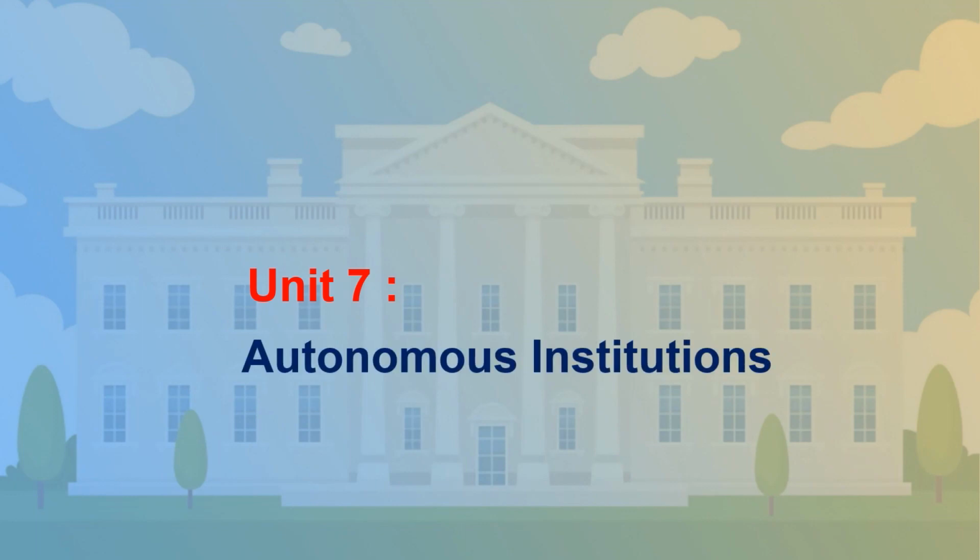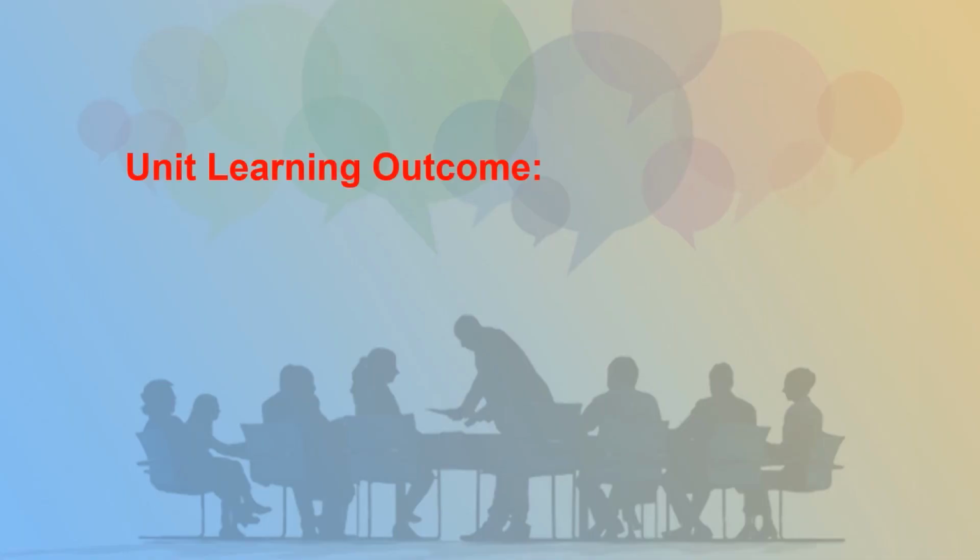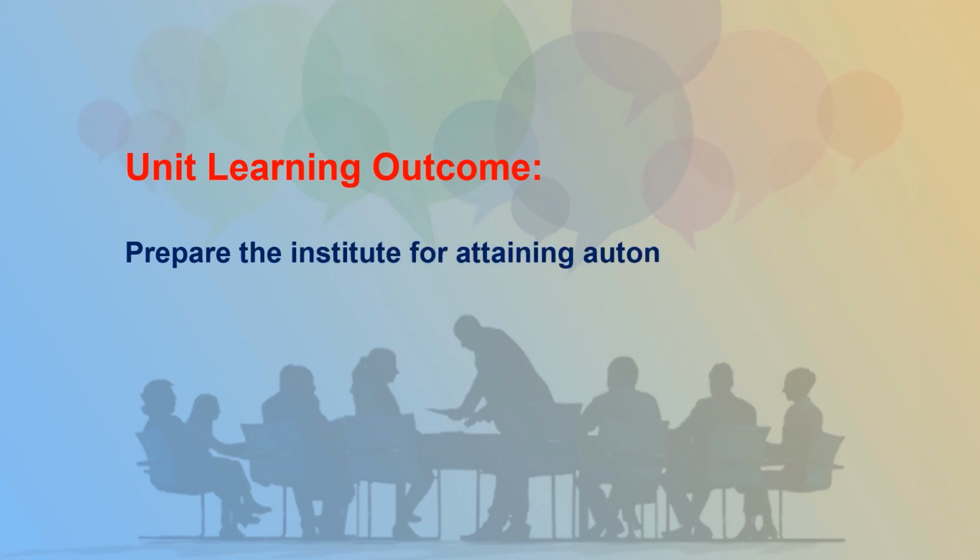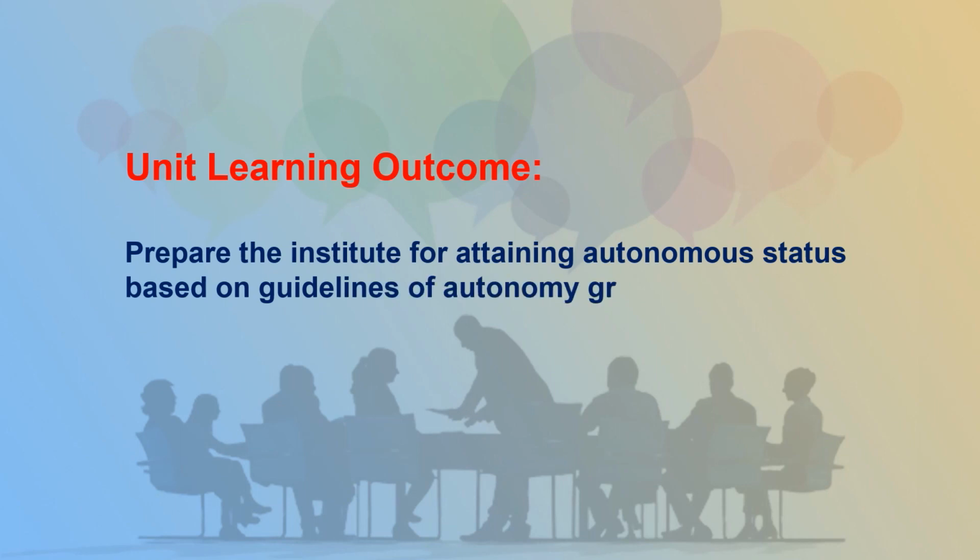This is in Unit 7. There will be 2 consecutive videos. The unit learning outcome is, after completion of this unit, the learners will be able to prepare the institute for attaining autonomous status based on guidelines of autonomy granting bodies.